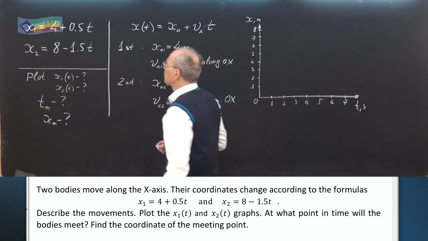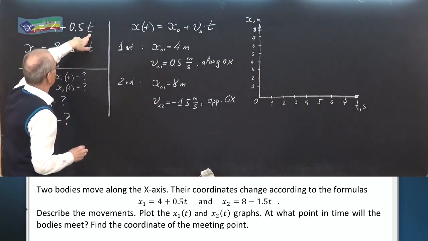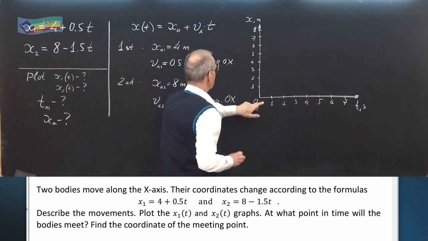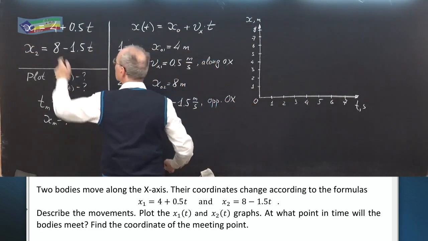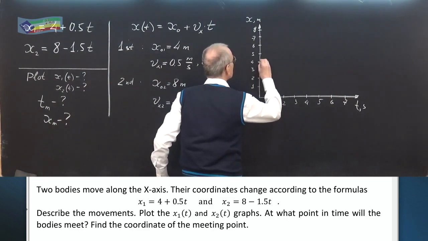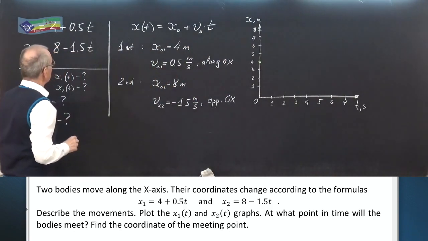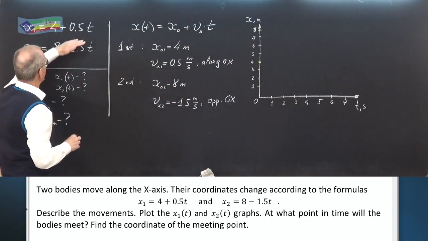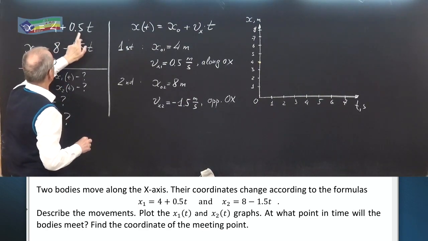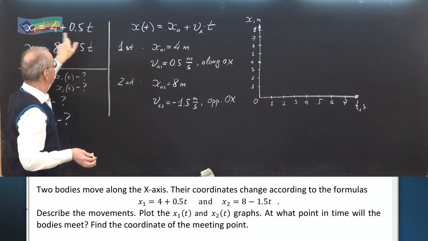For example, for the first body, 1 point corresponds to the initial position when time equals 0, coordinate equals 4. Then the second point can be calculated if we substitute any time in this formula.